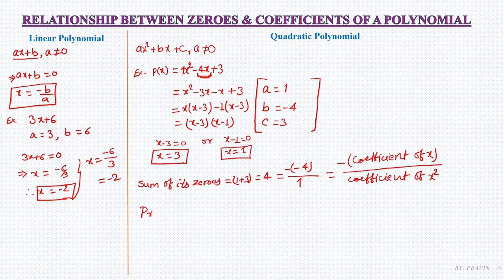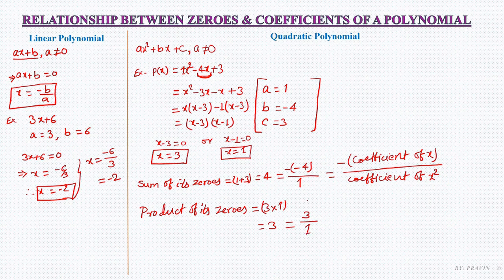Another relation is the product of its zeros. The zeros are 3 and 1, just take the product. You will find that the product is 3 into 1, which is 3, and you can also write this 3 as the constant term, which is here 3, divided by the value of a.